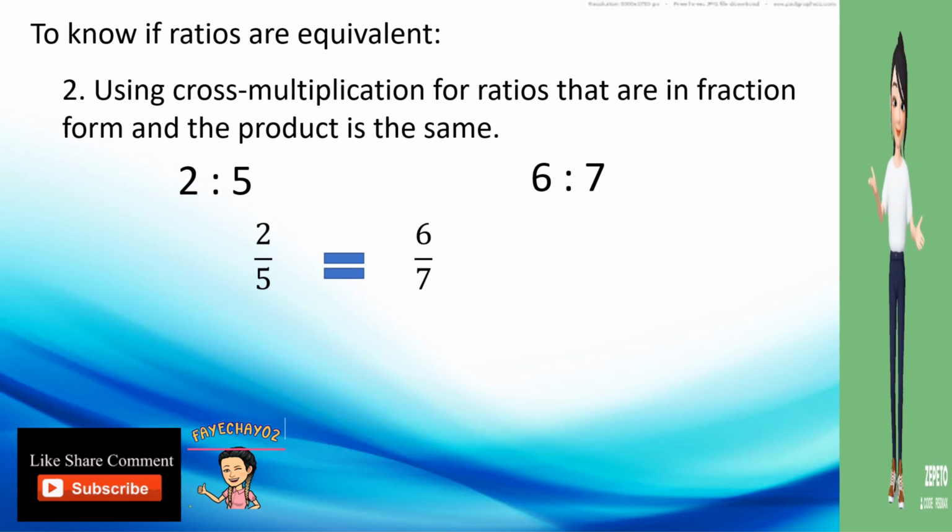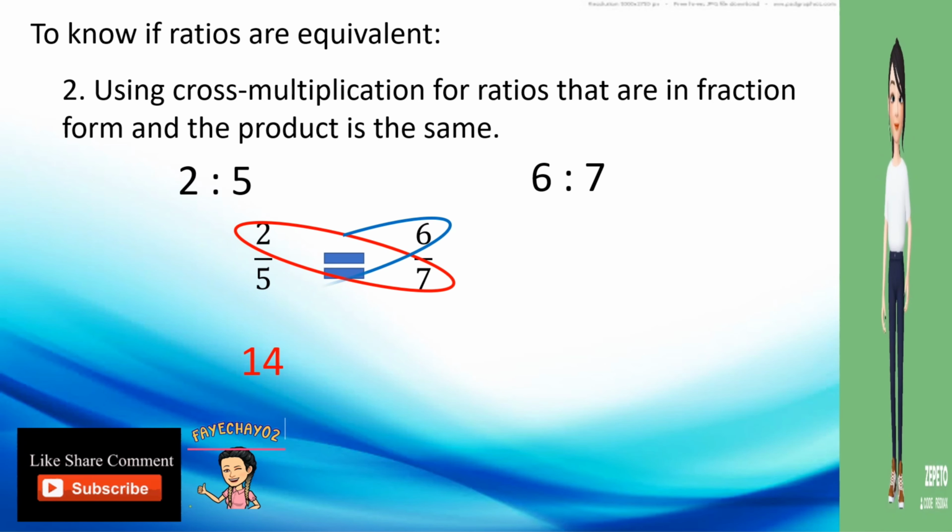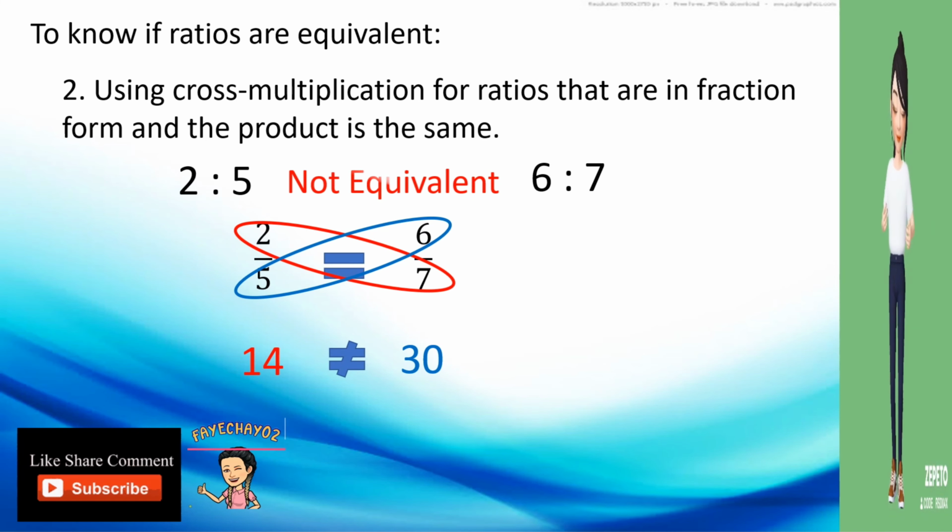So again, we can now multiply 2 times 7. 2 times 7 is 14. And then 6 times 5 is 30. So as you can see, 14 and 30 are not equal. Therefore, 2:5 is not an equivalent ratio of 6:7.